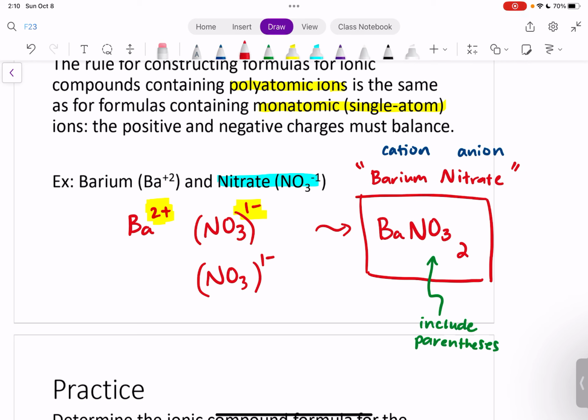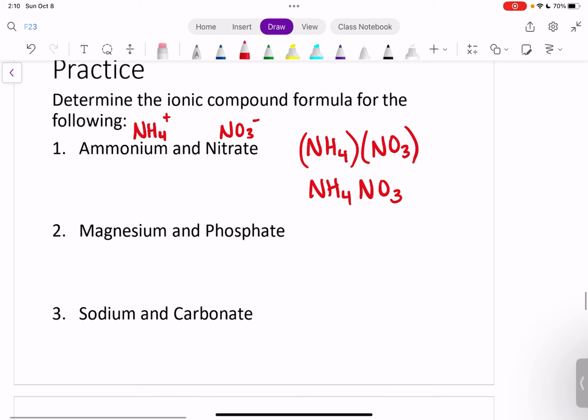It's actually saying we have 2 of everything in the parentheses. So make sure you include those parentheses. Over here, since there's just one of each, you don't have to put them on there, but you can if you want to.